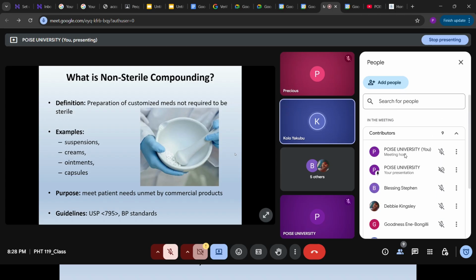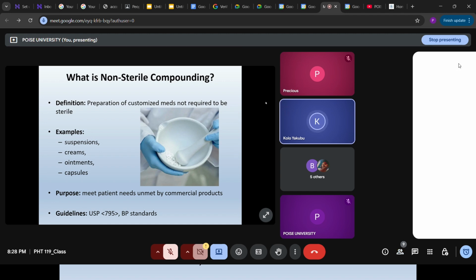If you're compounding or manufacturing to standard, it spells out everything: the constituents, the diluents, what active pharmaceutical ingredients, in what proportions, whether you're preparing for a child or an adult, everything is specified there. So just to say that the compounding or manufacturing that you're going into must be according to these guidelines.